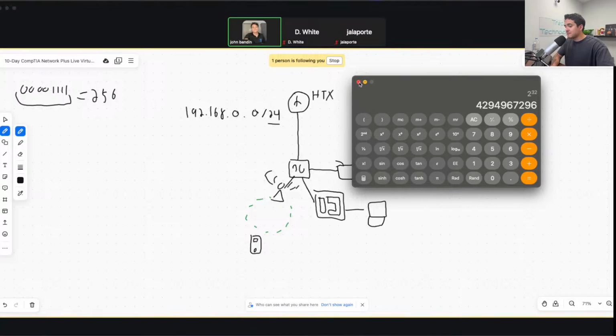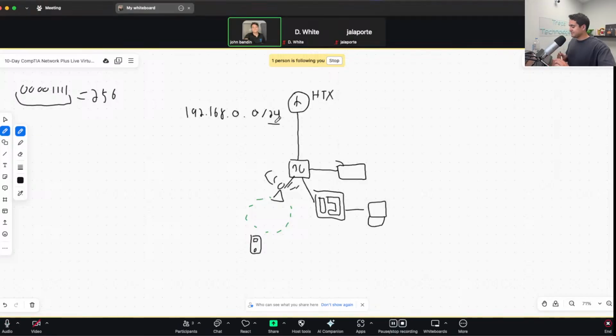So let's break this down. This /24, if we convert that into a subnet mask, a /24 actually equals 11111111.11111111.11111111, and then the rest is zeros.